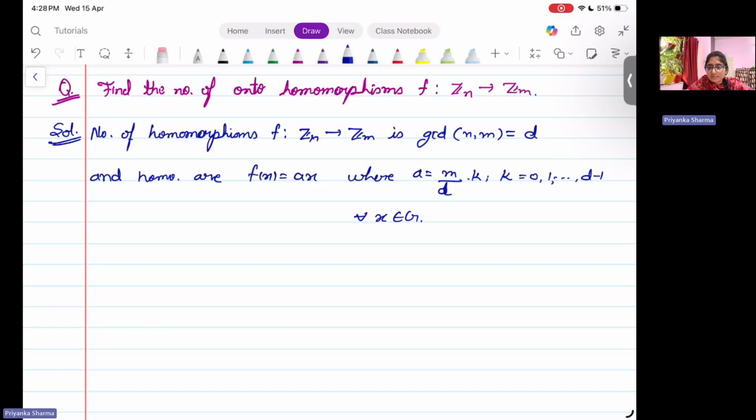Say if y belongs to Zm, then we have some b belongs to Zn such that y can be written as b into x. Under this function we can have a pre-image of every element in this codomain.